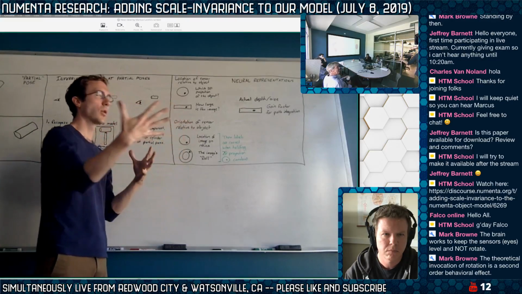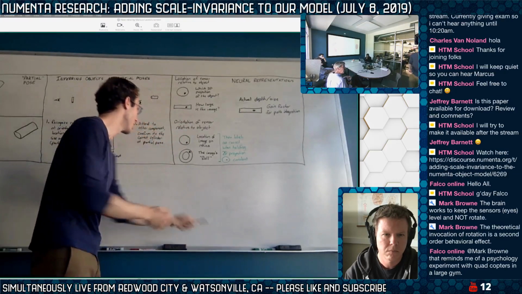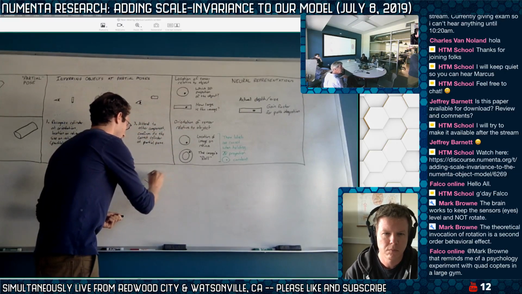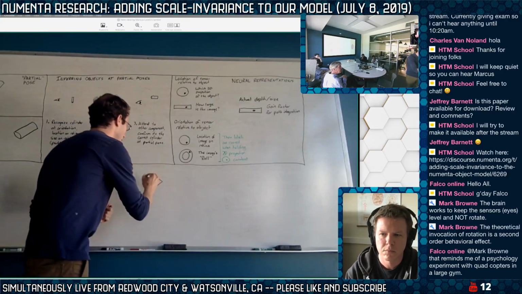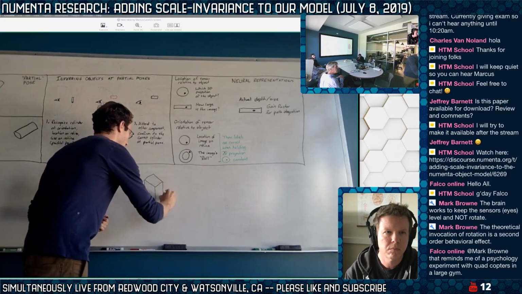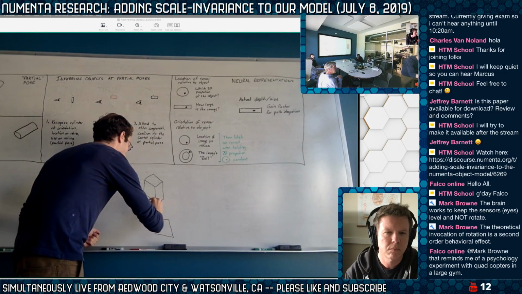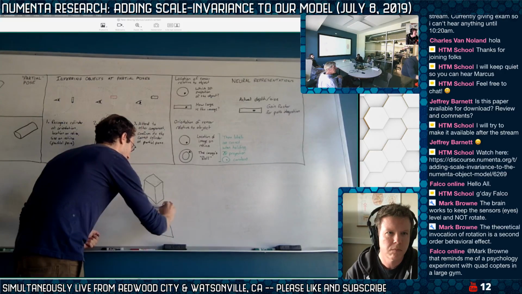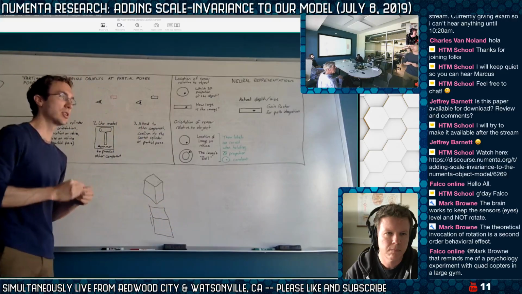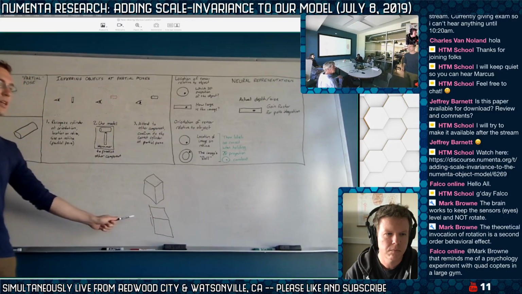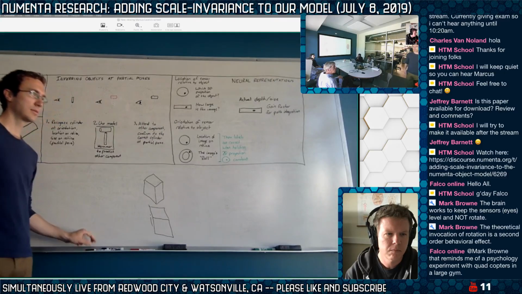Whether you're seeing it like this, or seeing it straight on, is not orientation. That's actually location. The location of the sensor determines which of these you're seeing. Yeah, but it's a location in polar coordinates, right?